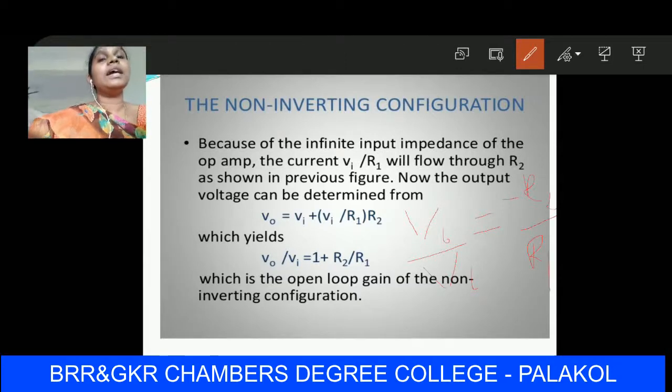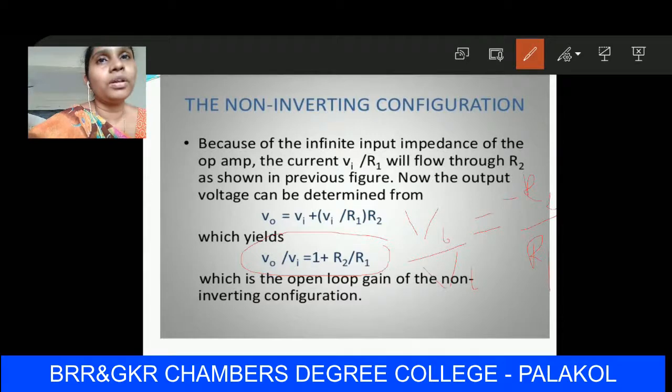For the non-inverting amplifier, the gain is V0 divided by Vi is equal to 1 plus R2 divided by R1. These two are very important from your exam point of view.